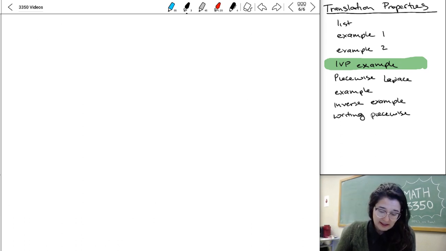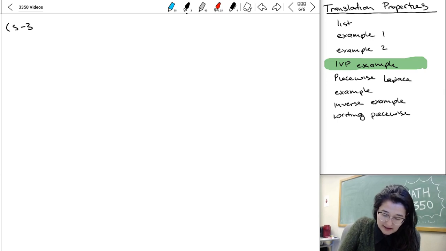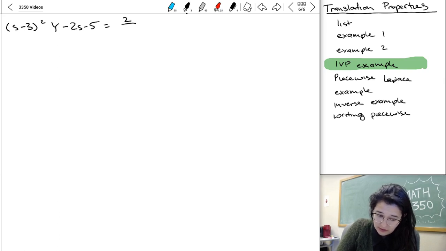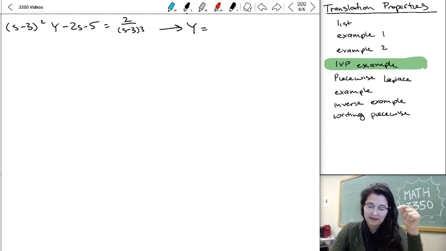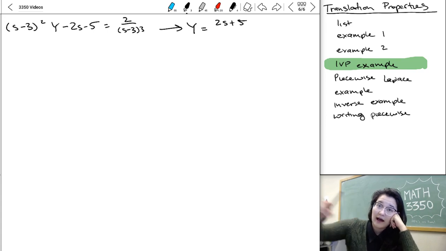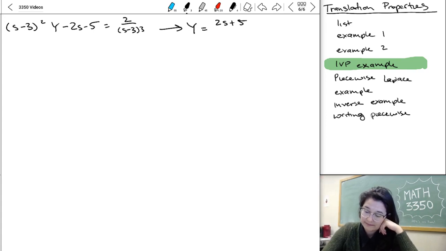But when I set both sides equal, I'm going to get s minus 3 squared times Y minus 2s minus 5 is equal to 2 over s minus 3 cubed. Or Y is equal to, I move 2s plus 5 over, so I add my 2s and my 5 on the other side.